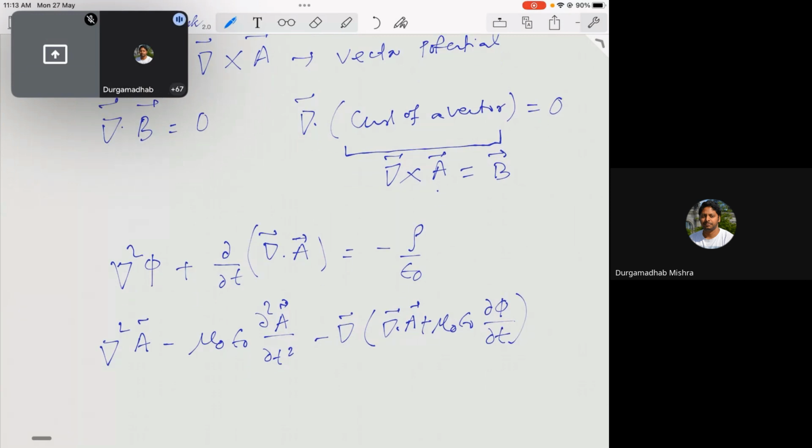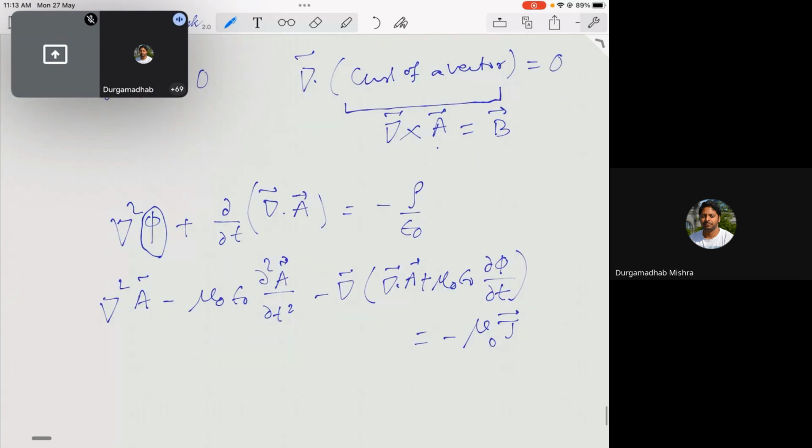Here I'm using this notation from the book, from your reading material. So instead of the potential V, I am writing phi, and of course the vector potential is A. So these are the two equations where we are writing Maxwell's equations in terms of the potential phi and the corresponding vector potential A.